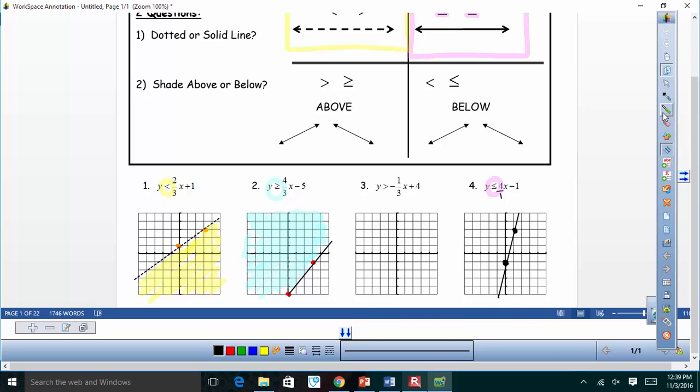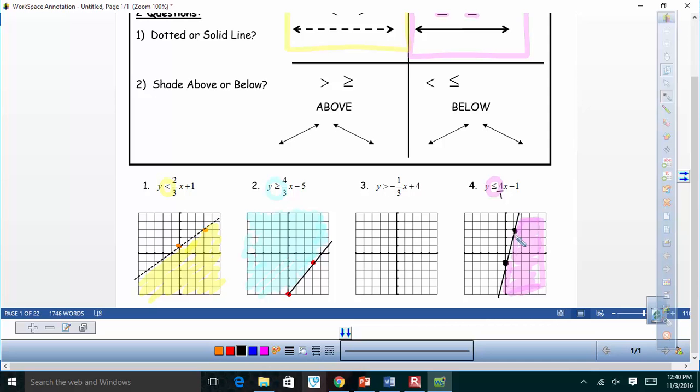Am I going to shade above or below? Below. So this side is below. Okay, if you can't tell which way to shade, a good way to look at this is if I start at this dot, if I end up in this area, which way do I have to go, up or down?